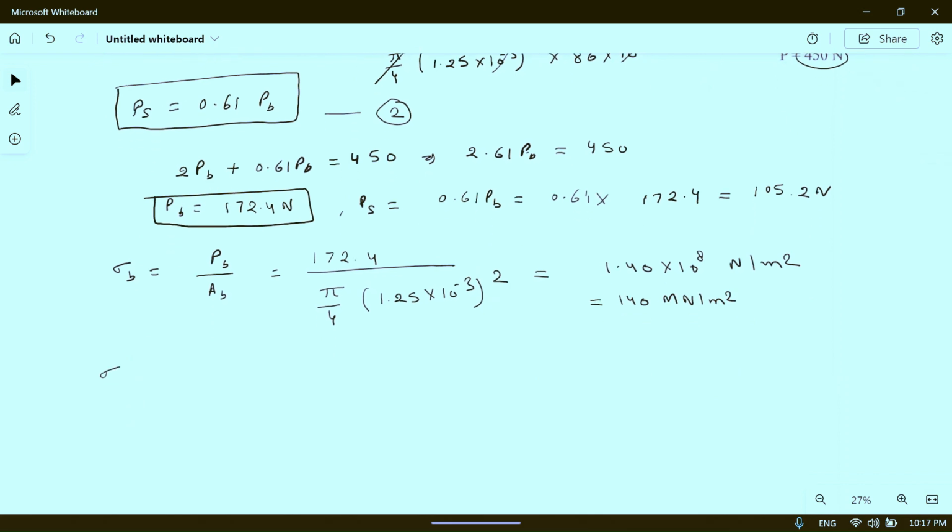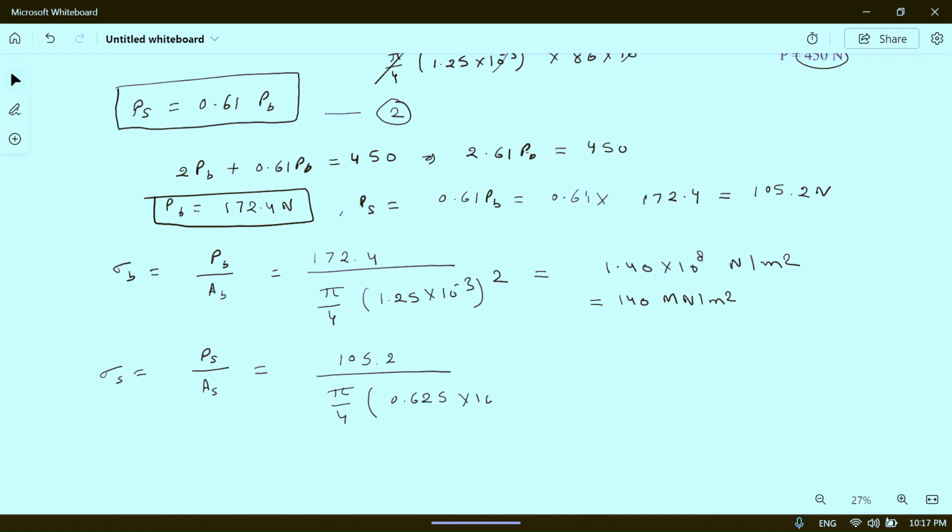Now stress in steel will be equal to load in steel divided by area of steel. It will be equal to 105.2, which is the load on the steel wire, divided by the area of the steel wire, where the diameter is given as 0.625 mm.